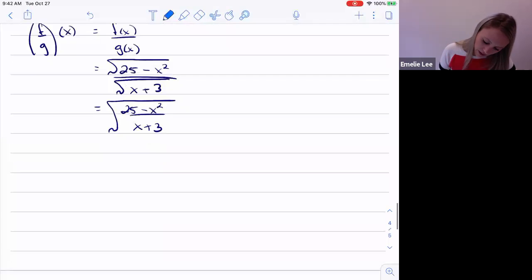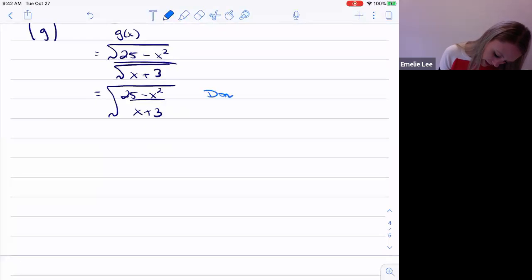So here, the domain is A and B excluding where g of x equals 0.